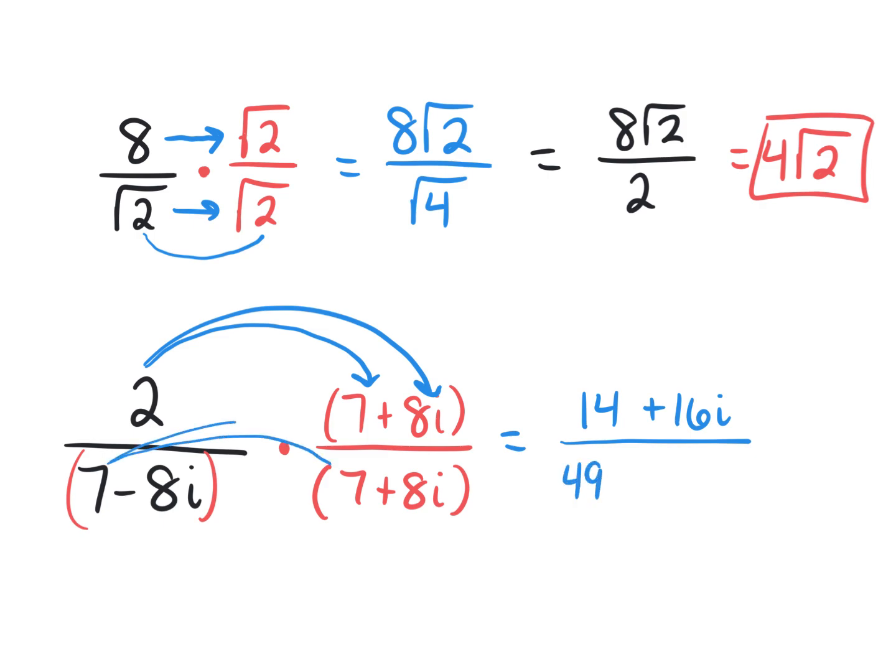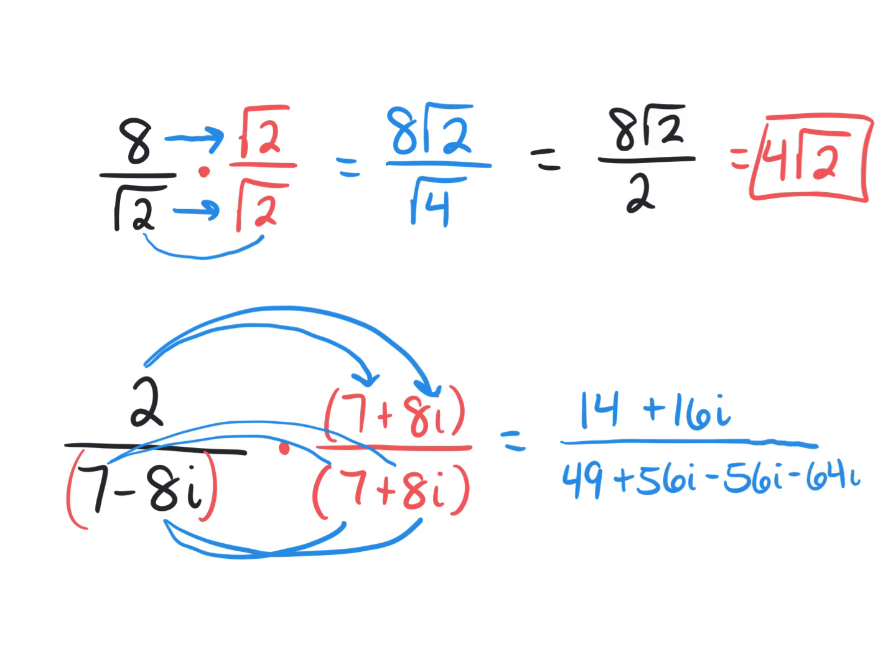What is 7 times 8i? Plus 56i. Yep. What is negative 8i times 7? Negative 56i. And then negative 8i times 8i. Negative 64 i squared.